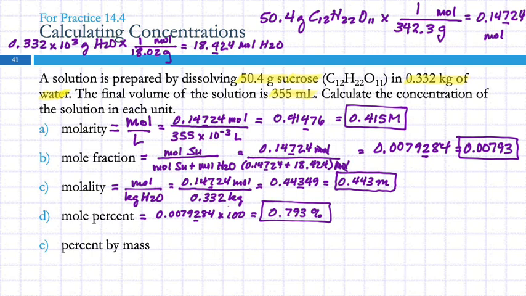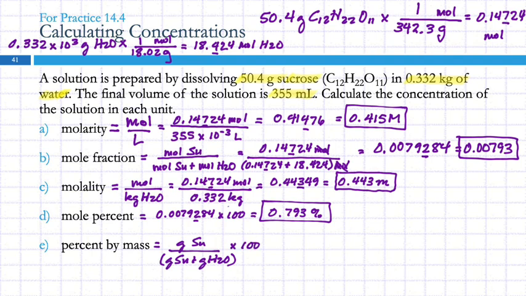And then the last one here is percent by mass. So percent by mass, we're looking at the mass of the solute divided by the mass of the whole solution. So grams of SU divided by the whole solution, that's going to be grams of SU plus grams of water, and then multiplied by 100.